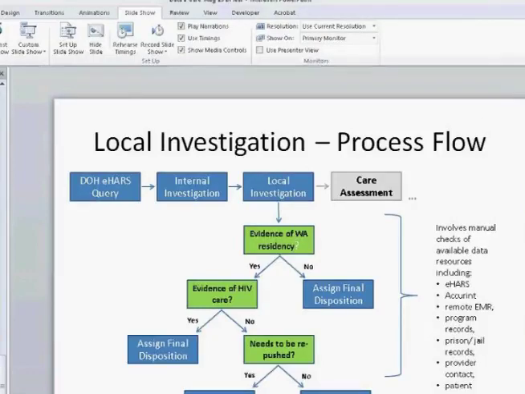I don't know exactly what program we use to get the lab tracker data into EHARS, but that's done before we look at the quarterly data dump.